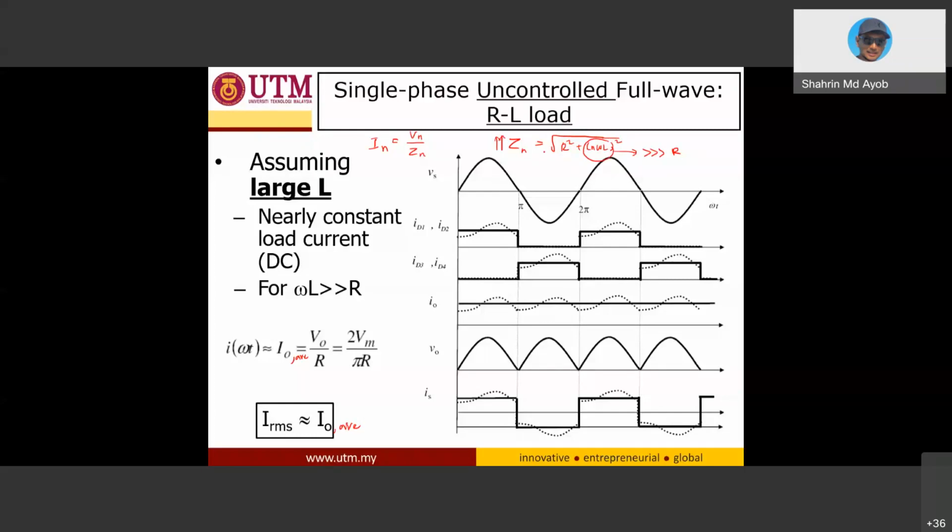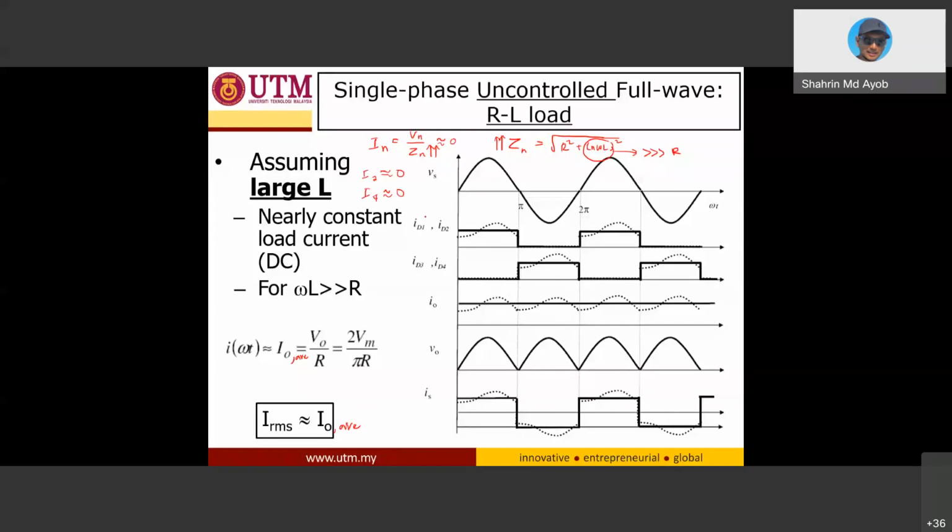If Z is very high and you use the formula V over Z, anything divided by a very high value will give a current that is almost zero. So I2 will be almost zero, I4 will also be zero, and I6 is also zero.